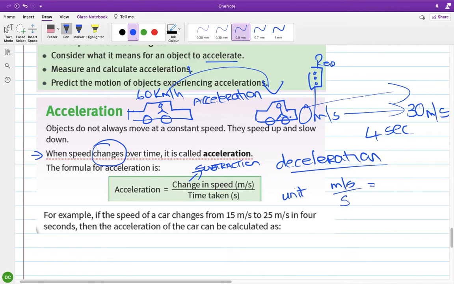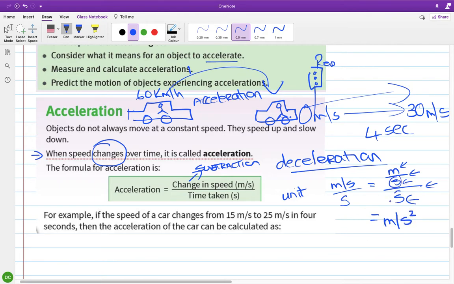Remember I said that this is just a sideways version of a fraction. So it's meters per second, per second, and the way we write that is meters per second squared.